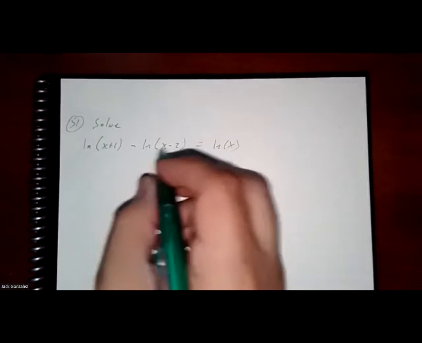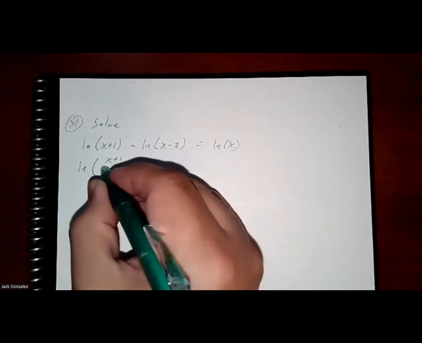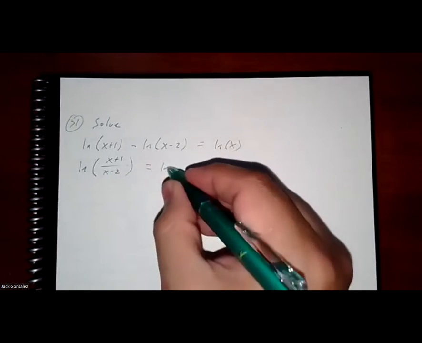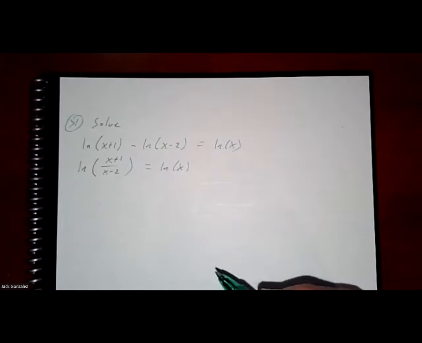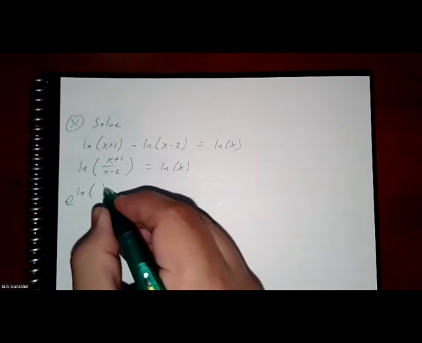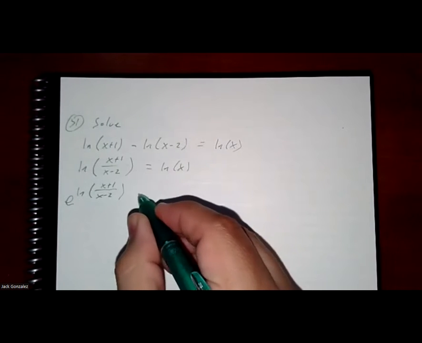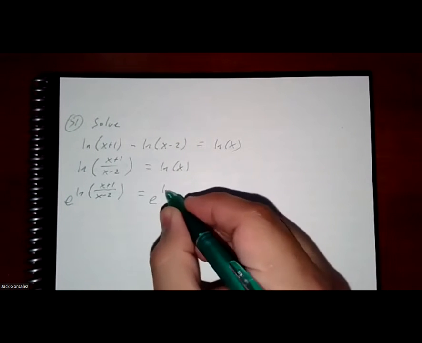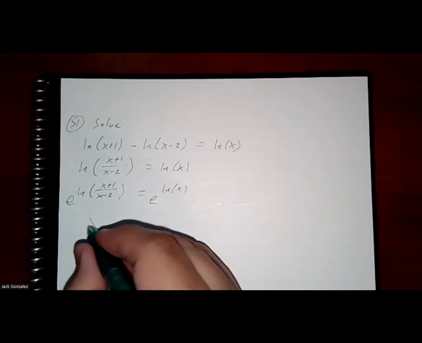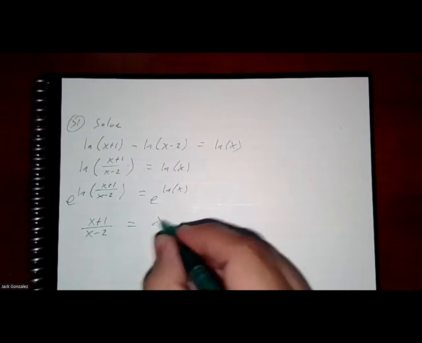Here we have a difference, so apply your quotient rule. Once you get to here, you could use the one-to-one property technically, but I want you to get used to using a base to cancel the logs. So then we get (x plus 1) over (x minus 2) equal to x.